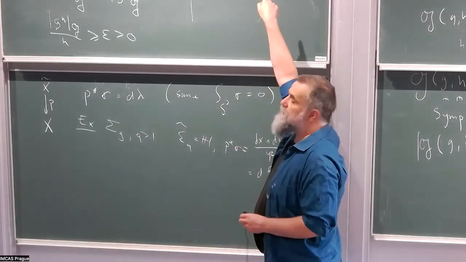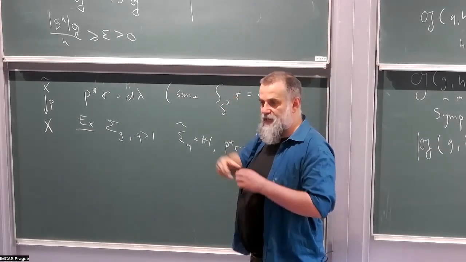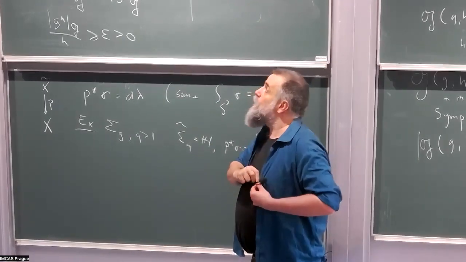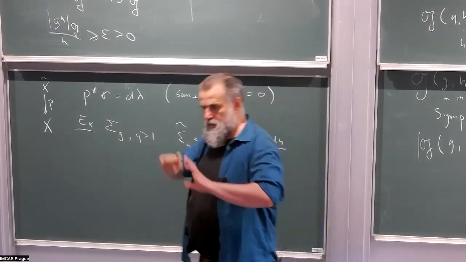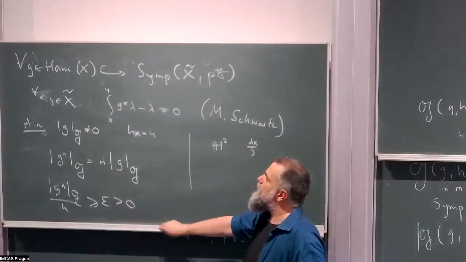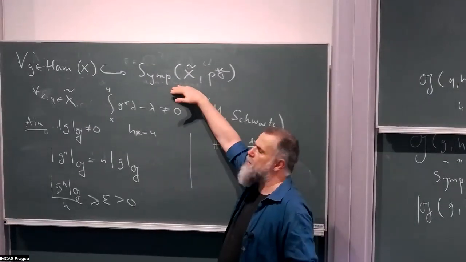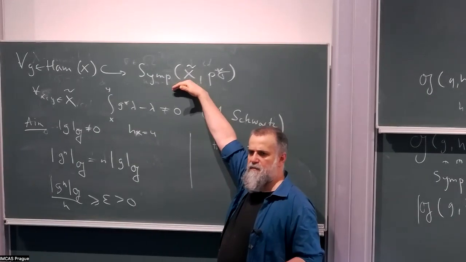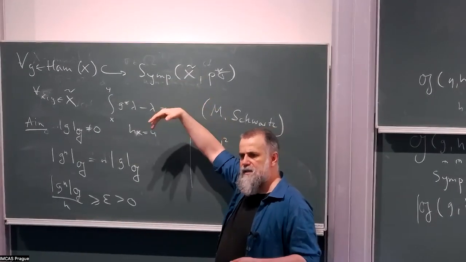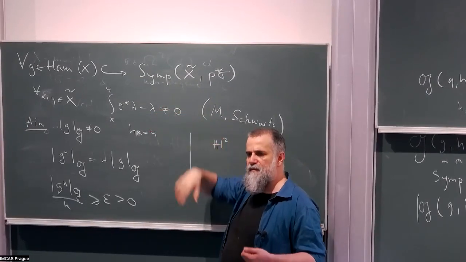No, it's contained in the symplectic group, but it preserves sigma. It's not related to Hamiltonian, it's not related to this group. It's another. As I told you, our second paper was about different subgroups here, when this sigma is trivial or non-trivial.